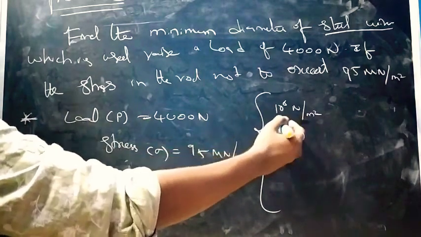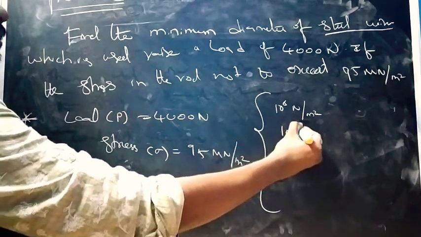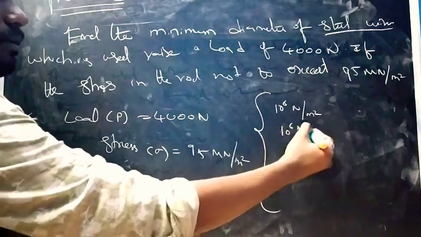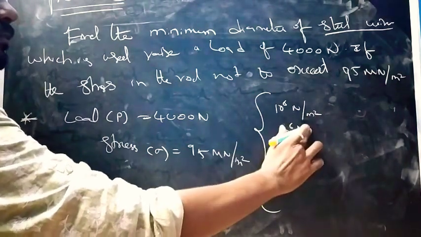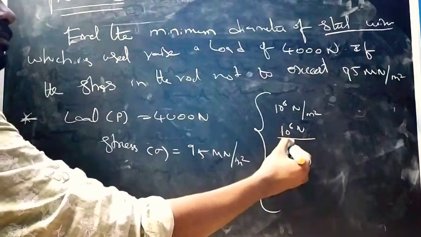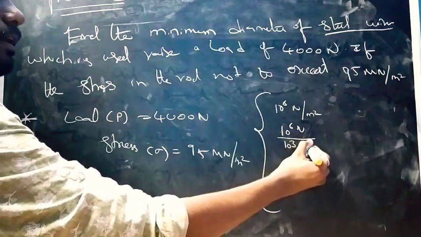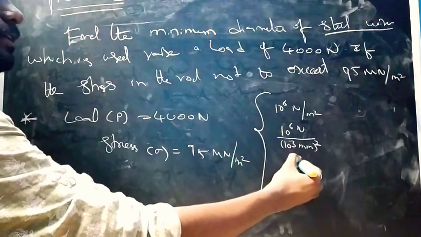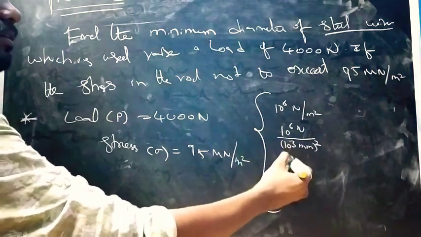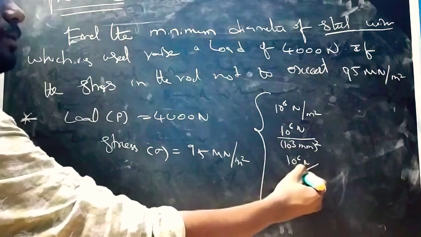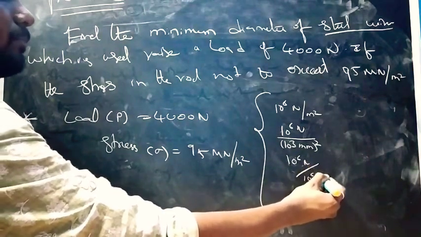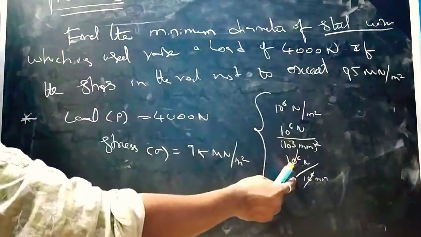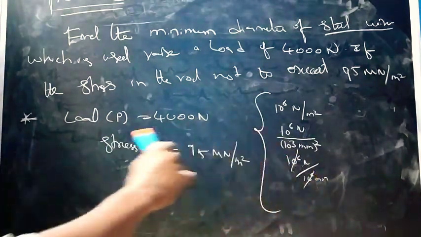So Newton per meter square. Let's convert the meter square into mm square: 10 to the power of 3 mm whole square, and it will become 10 to the power of 6 Newton per 10 to the power of 6 mm square. So 10 raised to 6 and 10 raised to 6 cancel, giving Newton per mm square.